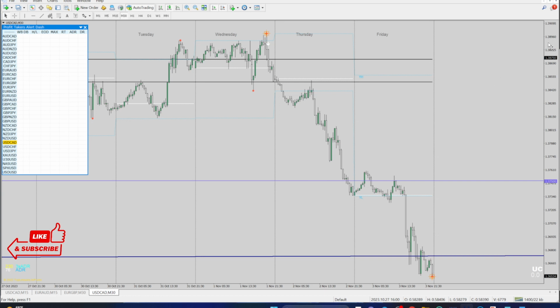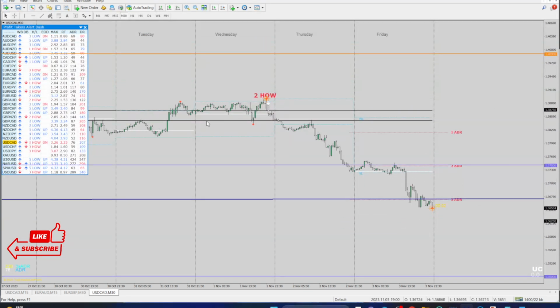We have one more, the dollar CAD. I took this trade as well, and too easy. We had price give us two hits to the high right here, right at the quarter 75 level.